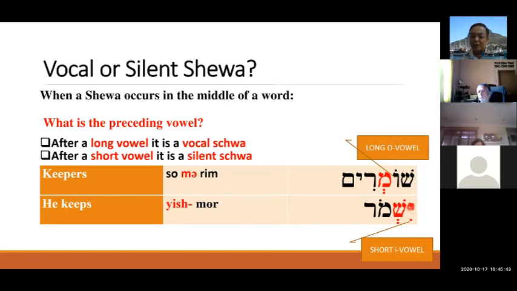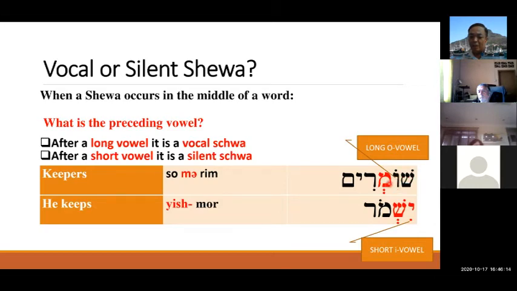Yish, more, yish, more. If you look at here again, this is already a long vowel. So if you attach this mem together with this one, it becomes som. It's very cumbersome for you to pronounce.